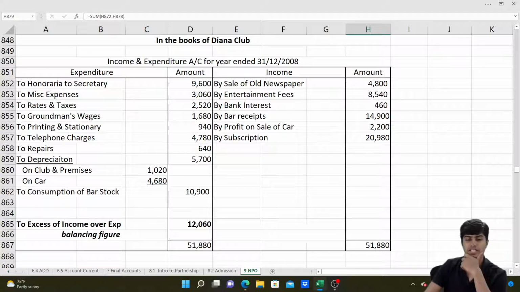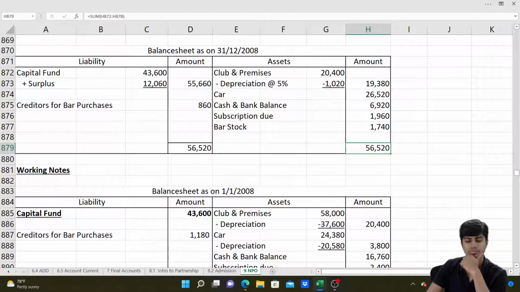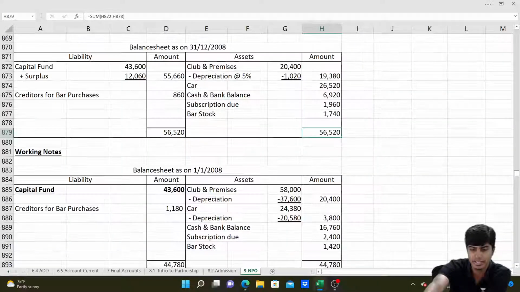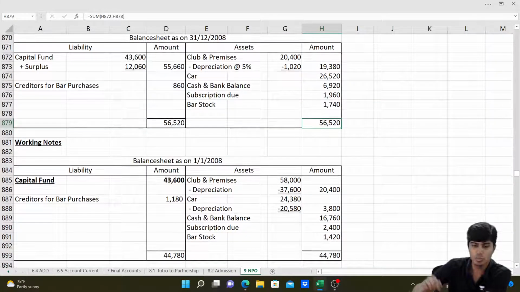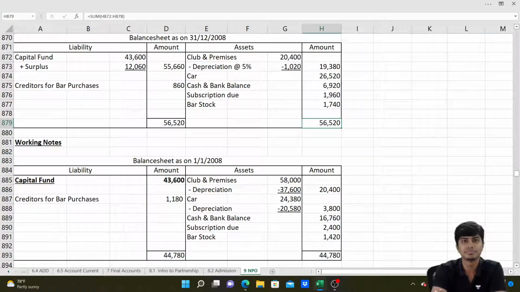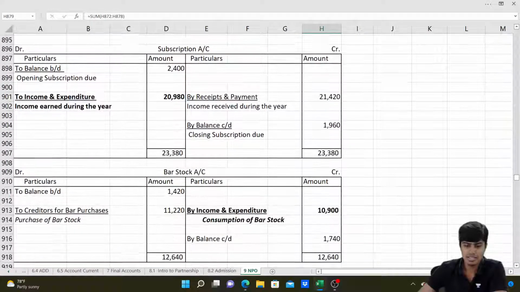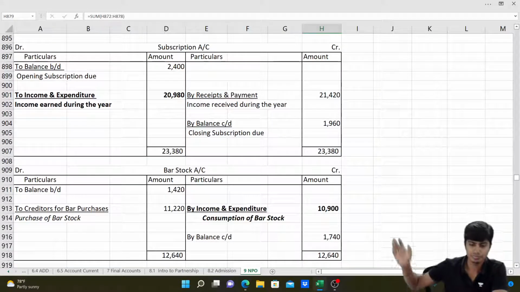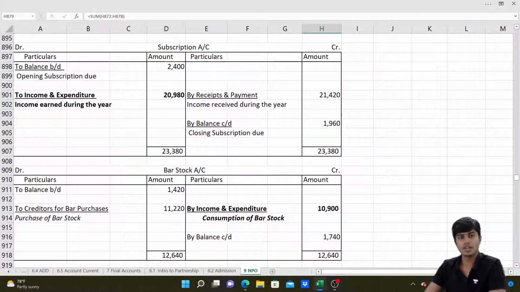That's our income and expense account. I'll show both opening and closing balance sheet simultaneously. Opening and closing balance sheet. And next, subscription account and bar stock account.